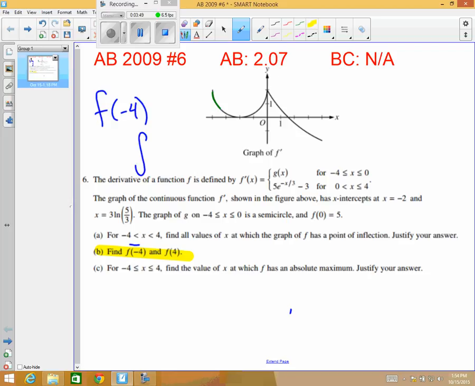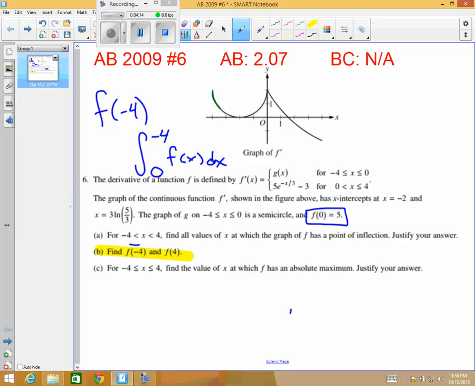maybe something like the integral from 0 to -4 of f of x. If we calculate that, we're still not going to quite be right. That tells us the change in area from 0 to -4. We have to be real careful and include the initial condition.